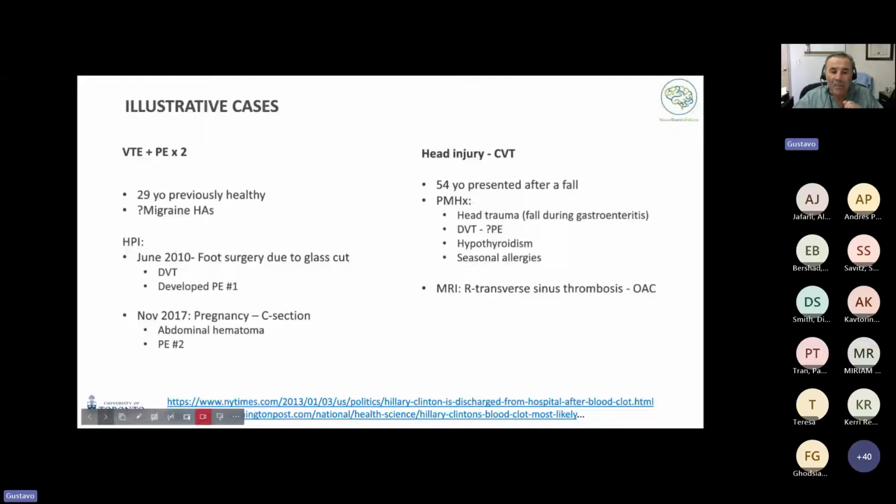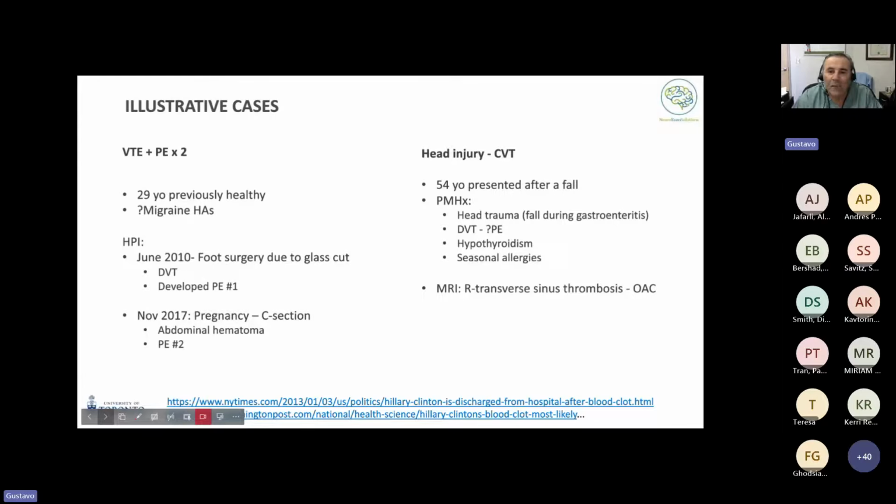In November 2017, she had a pregnancy and a C-section, and developed a wall abdominal hematoma and a second pulmonary embolism. Again, this is someone at high risk of thromboembolic events, but no CVT.